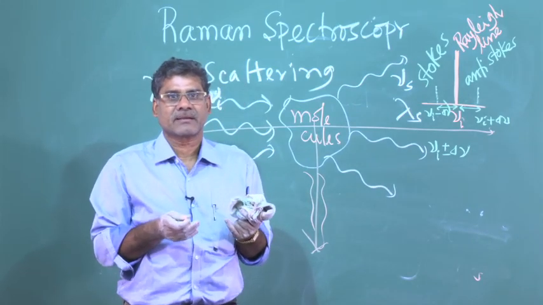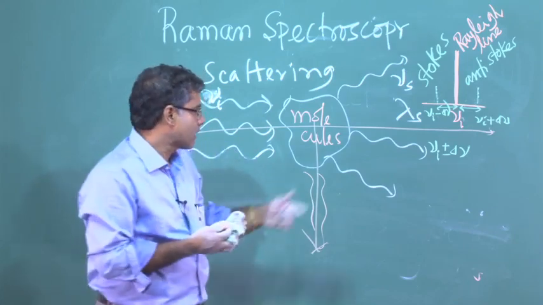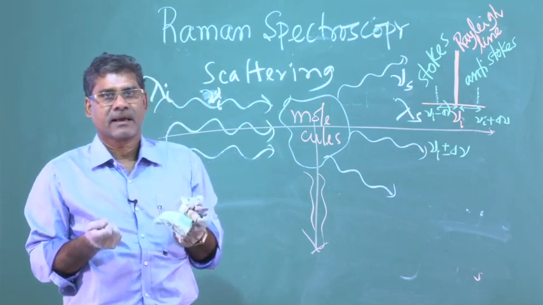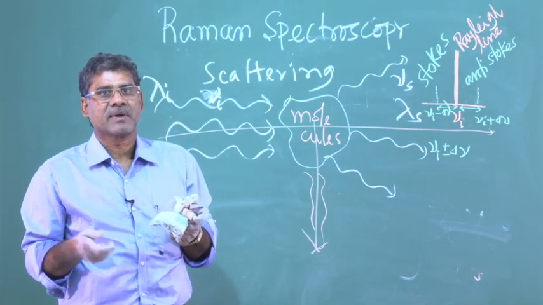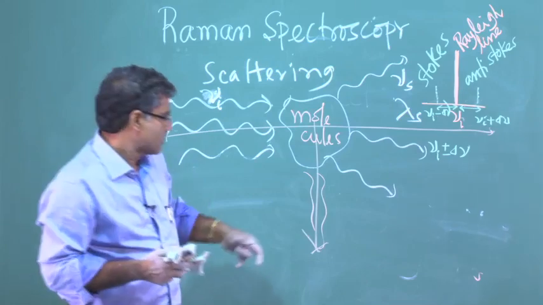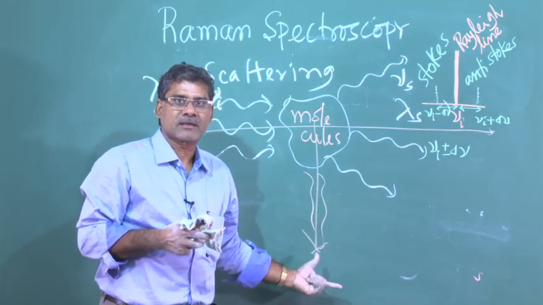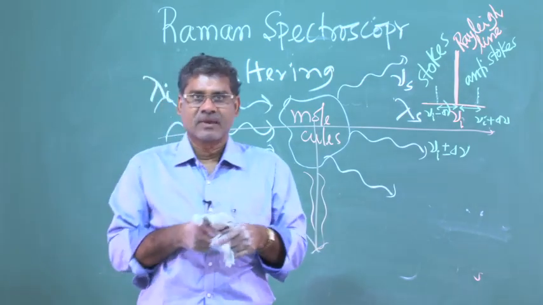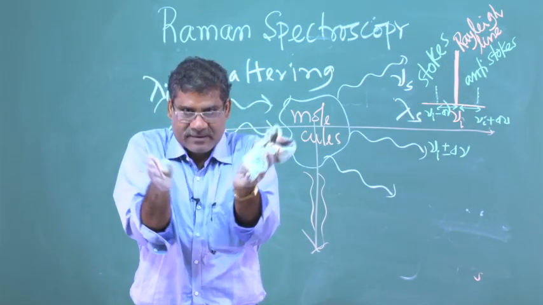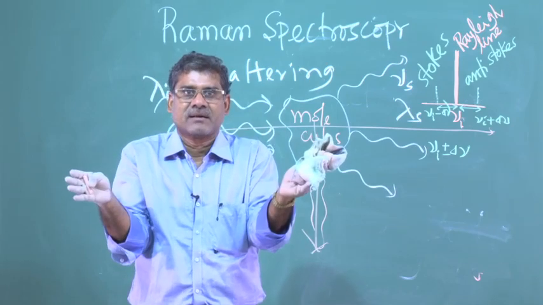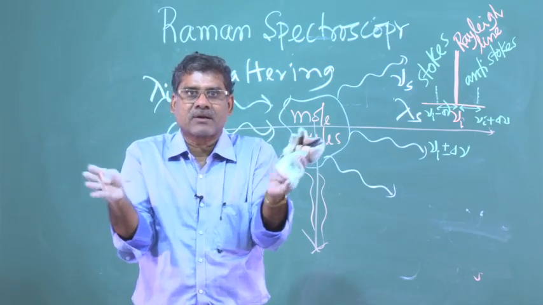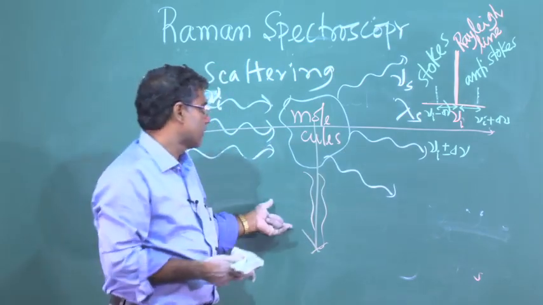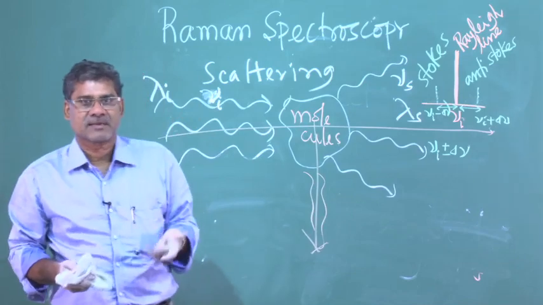You understand why the grating is used: because I want to measure the wavelengths that are coming. To separate those wavelengths, one has to use either a prism or a grating, to make a spatial separation of the wavelengths. That is basically dispersion. Grating and prism both have dispersive power.